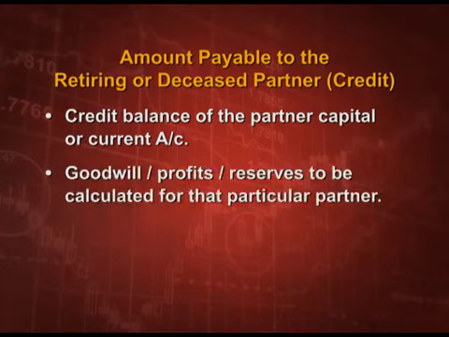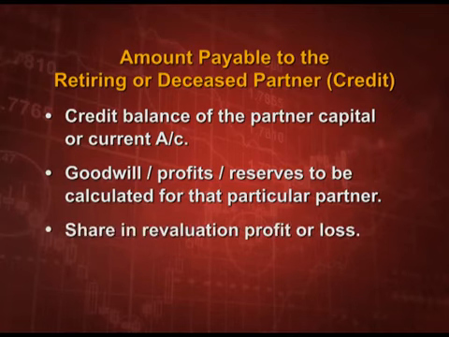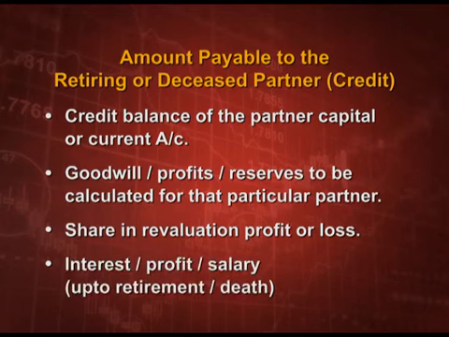Next, goodwill or the profits or reserves to be calculated for that particular partner, and the share in revaluation profit or loss, and the interest, profit, salary, whatever we have to give to that particular partner till the date of retirement or till the date of his death.